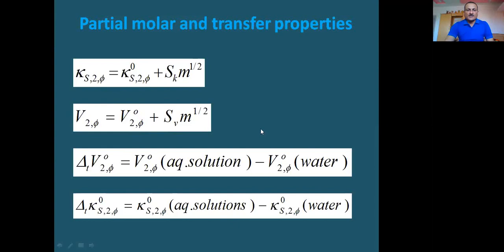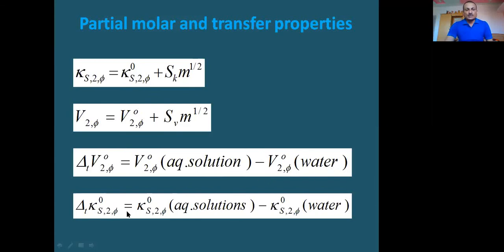Now, once the partial molar volume and partial molar compressibilities are determined, we take their values in the aqueous solution of co-solute and their values in water. When you take the difference of that, we get the transfer property. For example, delta t V2 zero. This is the transfer volume or transfer partial molar volume, which is nothing but the partial molar volume we have just determined from the graph in an aqueous solution of some co-solute minus the partial molar volume in water.